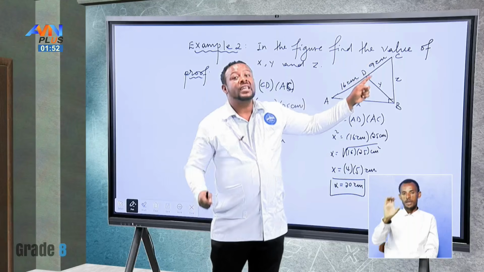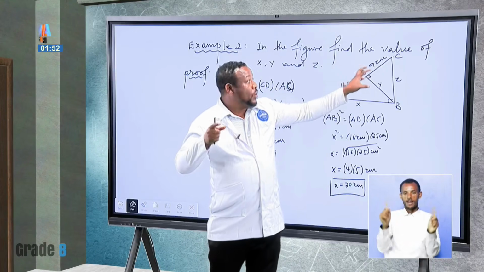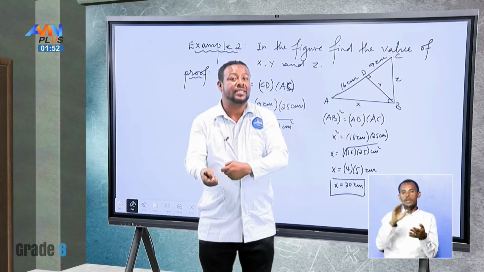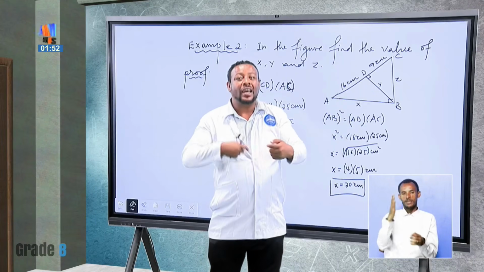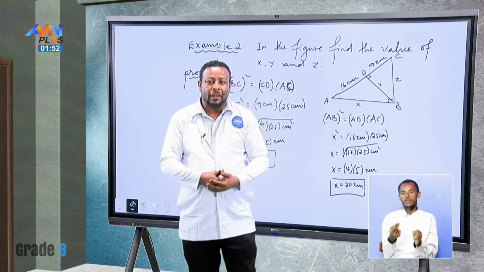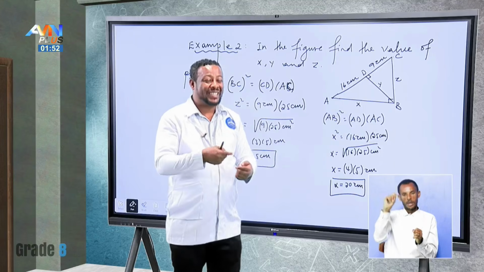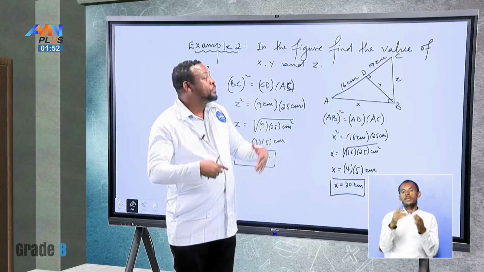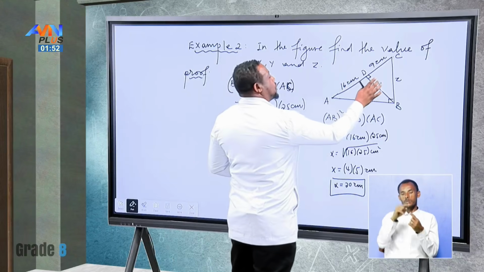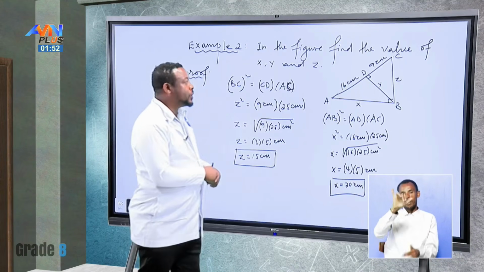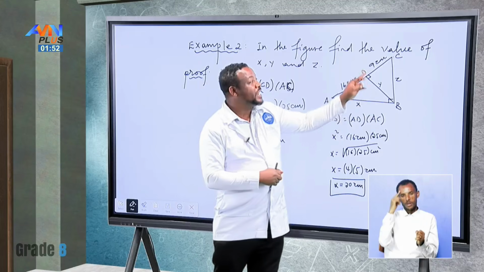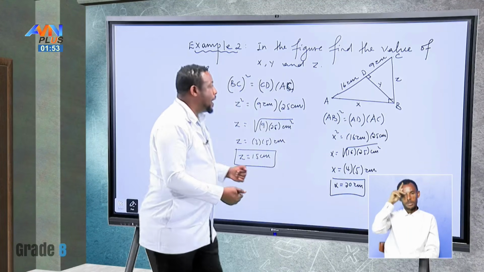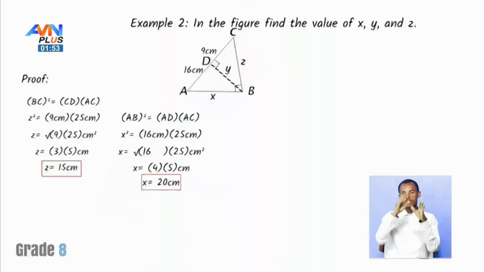Triangle BDC is a right angle triangle, and BC is the longest side. So you can apply the Pythagoras theorem, which is not directly related to the present lesson. But to obtain the value of y, you can consider only triangle BDC and apply the Pythagoras theorem.